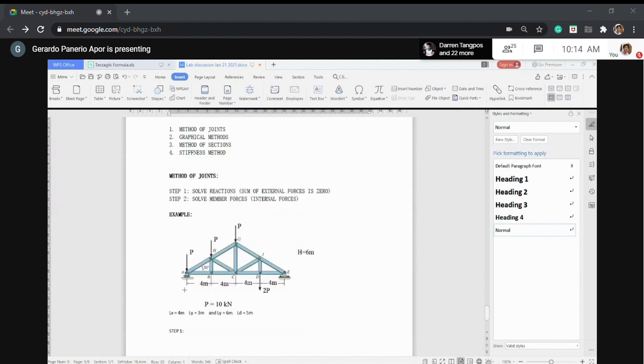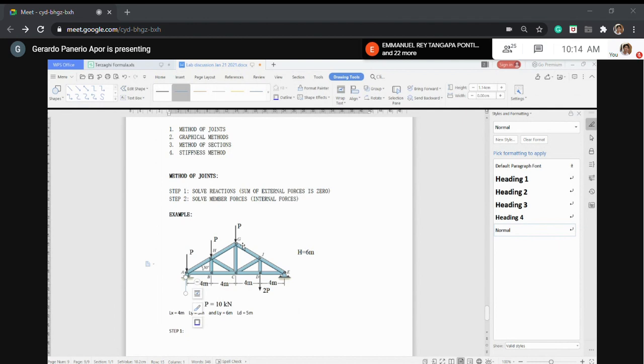There is a force here called reaction. I will change the color, format the line, color is black, and then the size.